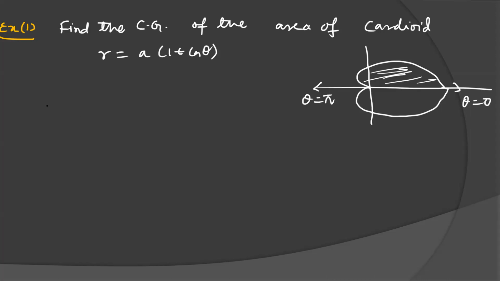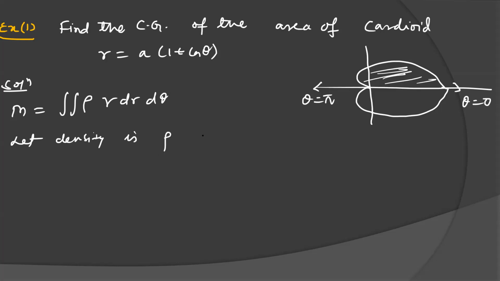So what is the formula for mass? We know that in the polar system it is rho r dr d theta. Here density is not given, so we will consider it as rho only. Let density be rho, that is constant. You can take lambda also.